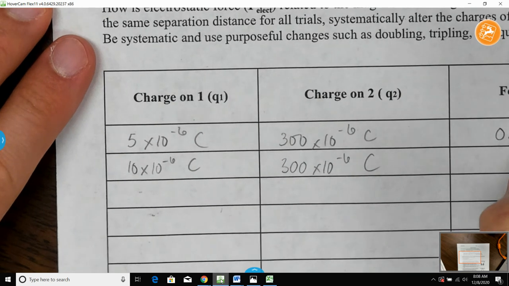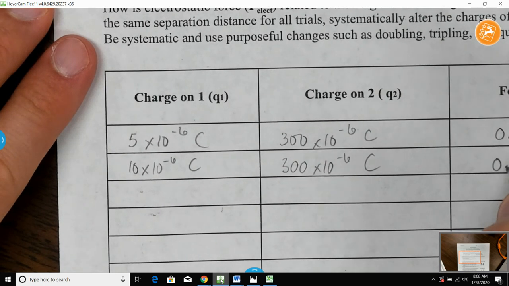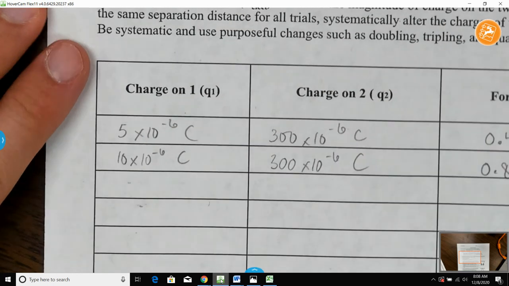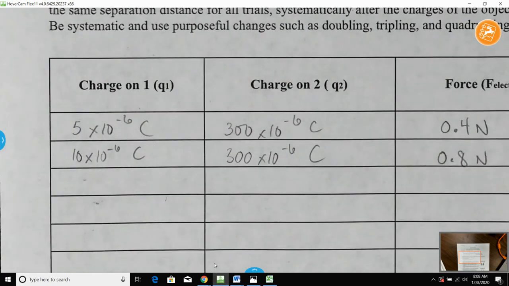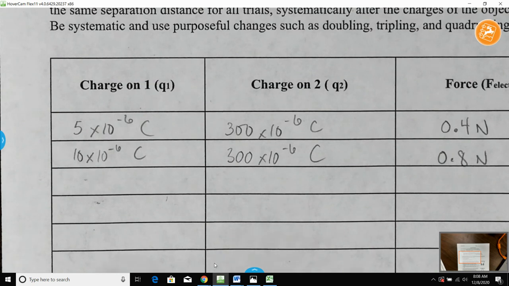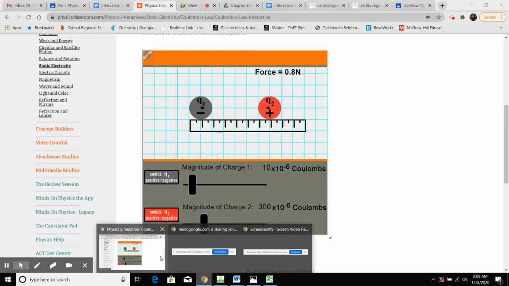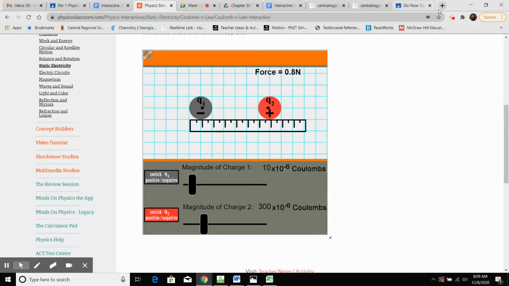And this was 0.4 newtons, and now we have 0.8 newtons. So you guys are going to continue on with that until you finish filling out the table.